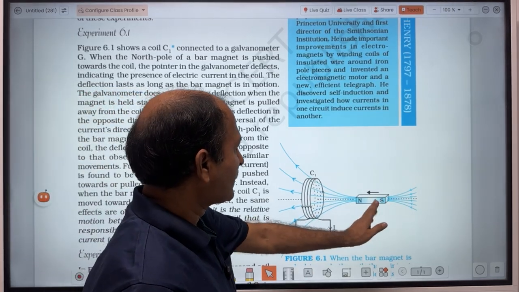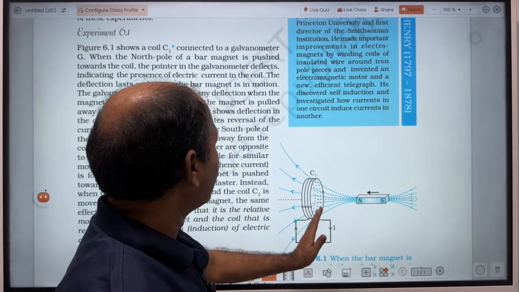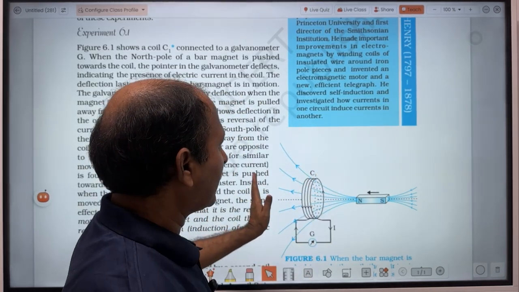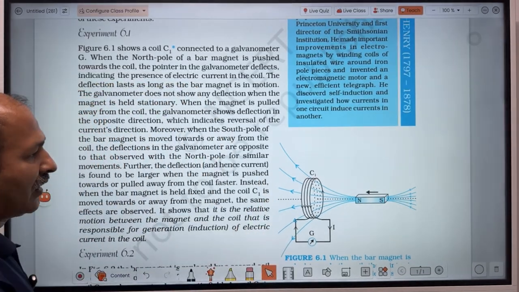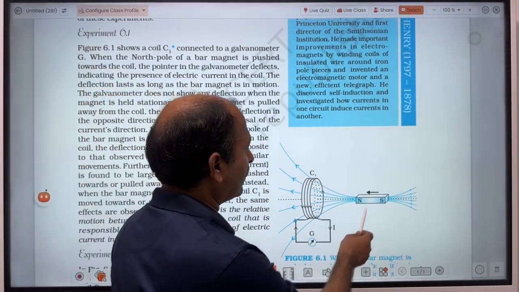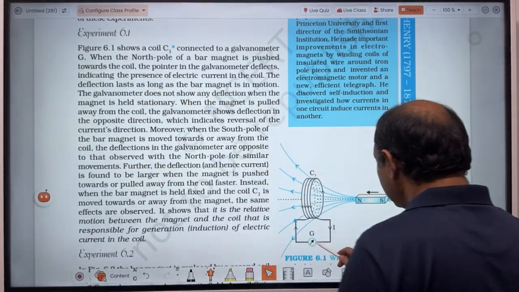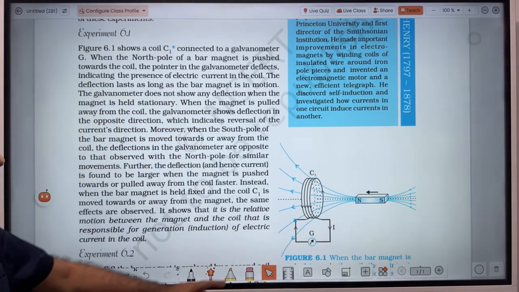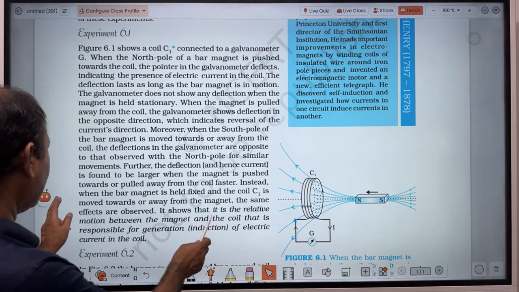Suppose the magnet is fixed and this coil is moved like this. Suppose it is moved closer, then there will be deflection in one direction. If you take it away, deflection will be in the opposite direction. So he concluded that due to relative motion between the coil and magnet, an EMF is generated in the coil, due to which this galvanometer shows the deflection, right?